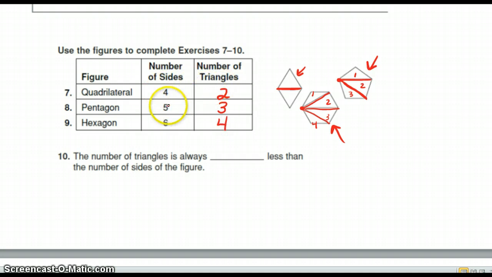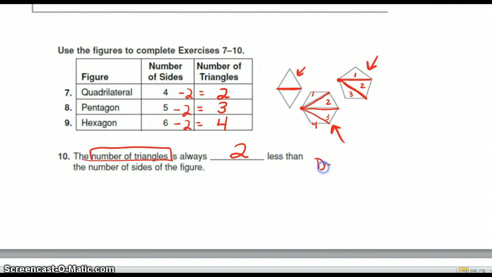Do you see a pattern? 4 minus 2 is 2. 5 minus 2 is 3. 6 minus 2 is 4. So the number of triangles is always 2 less than the number of sides.